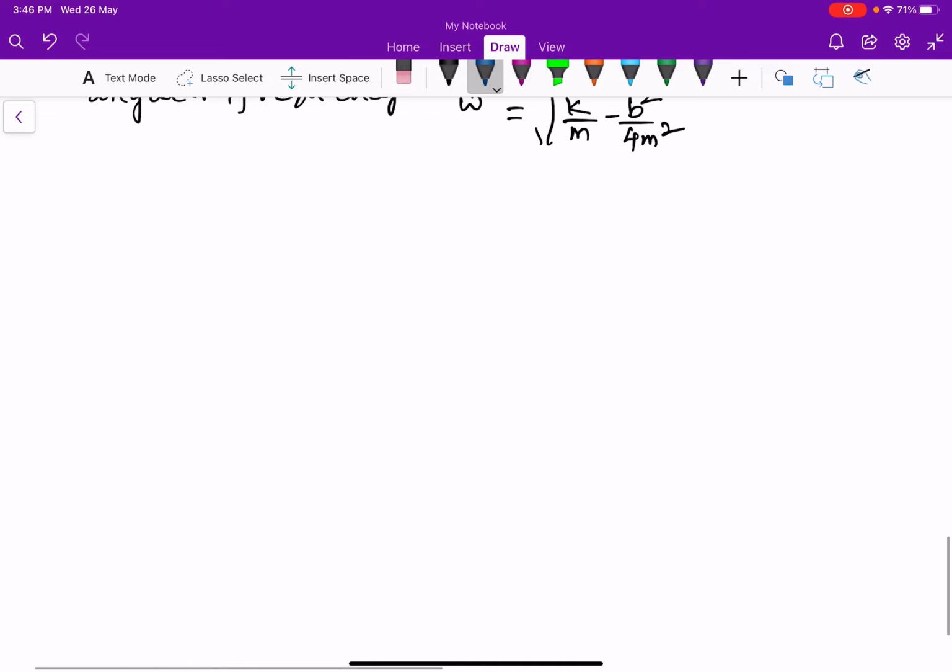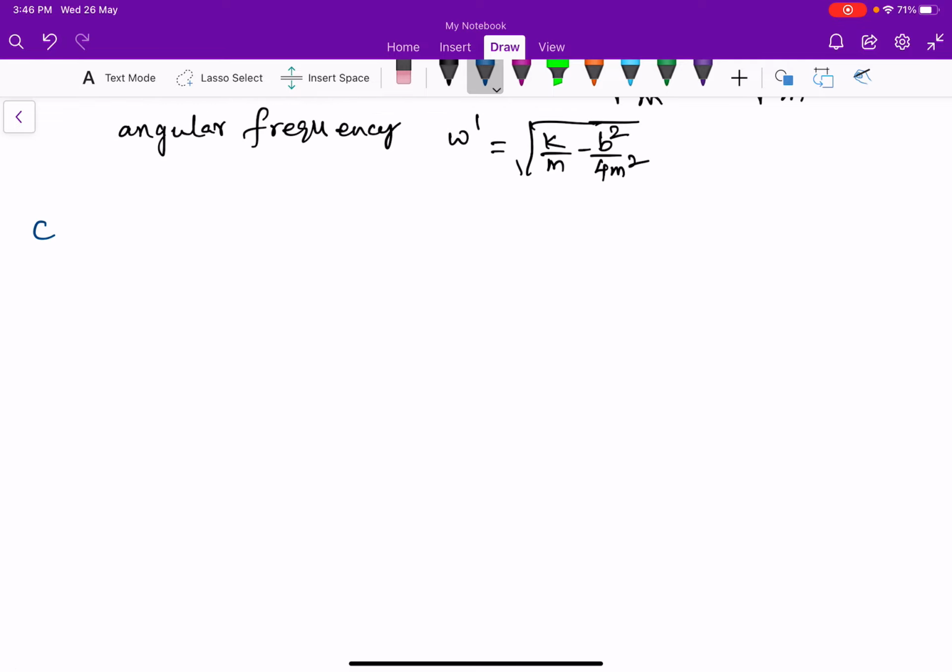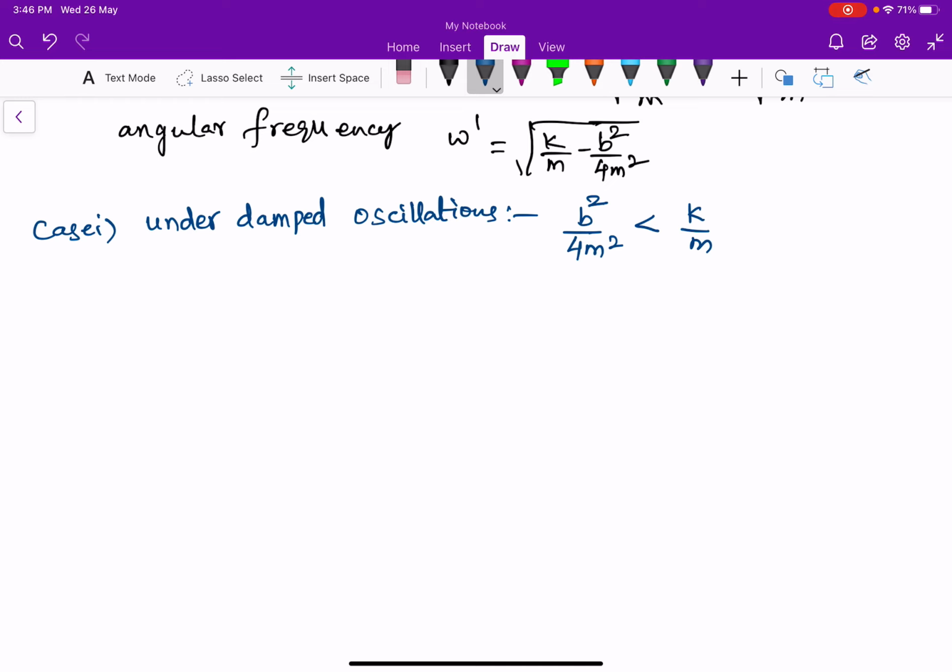Case 1 is under damped oscillations. This case exists when b square by 4m square is less than k by m. See here, this m and one m get cancelled.